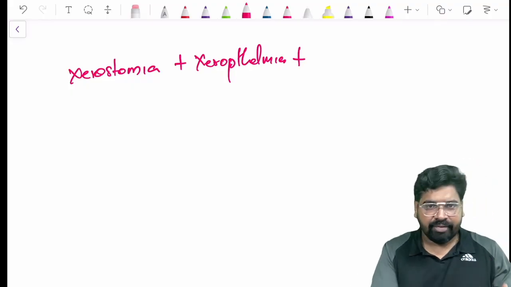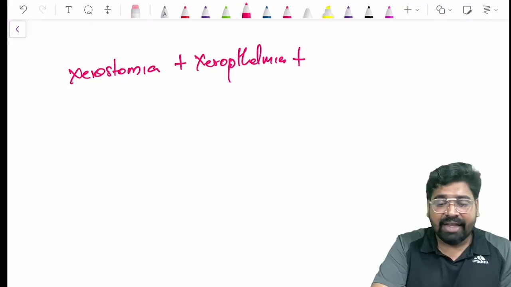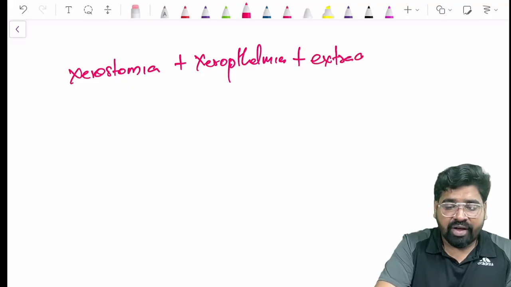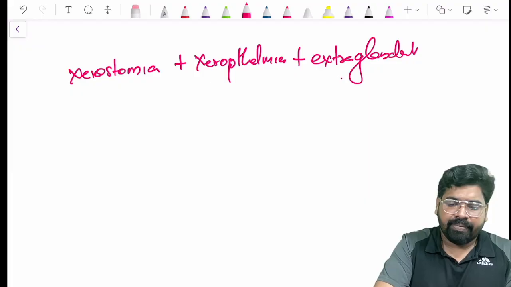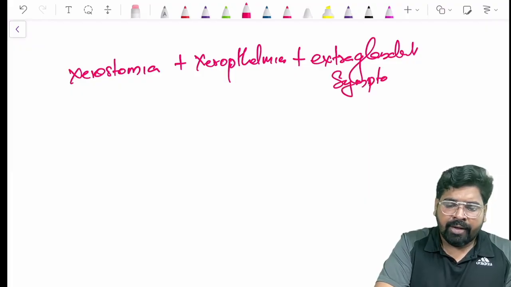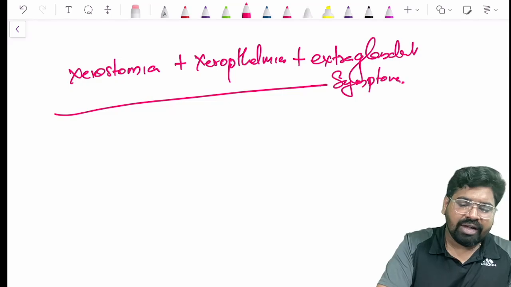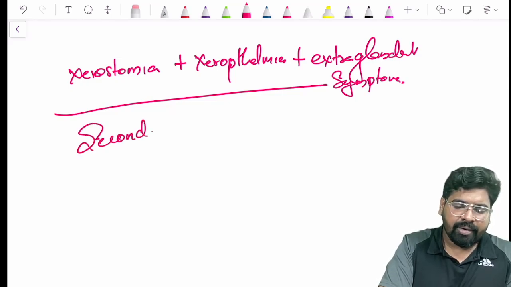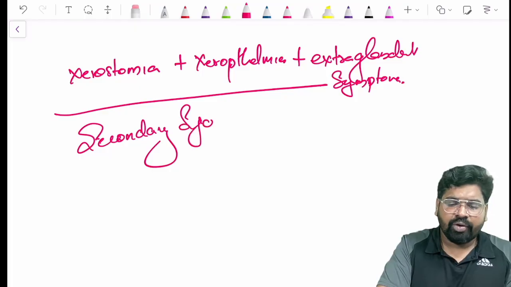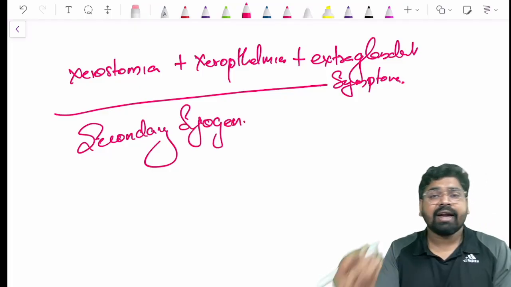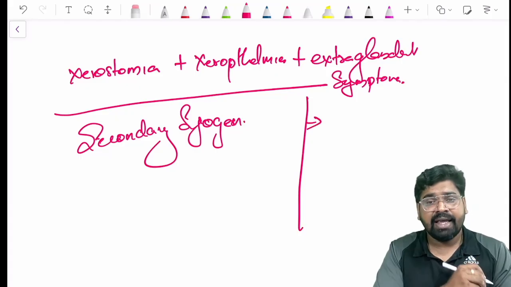These are the glandular symptoms. Now, along with that, if you have any extraglandular symptom, it is called secondary Sjogren. What are the extraglandular symptoms you can usually see?